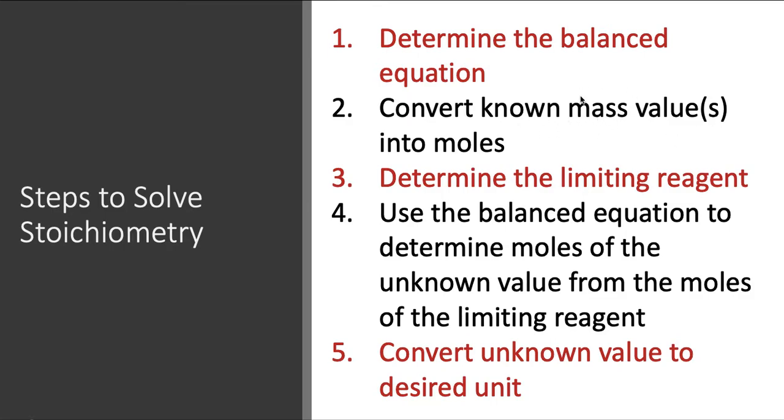Therefore, anything that's in grams, you have to convert into moles. We know how to do that by using the molar mass. We've done that tons of times. And we'll look at some examples in the following slides. But if you have a mass in grams, you are better off just getting used to it. Convert all your mass in grams into moles.